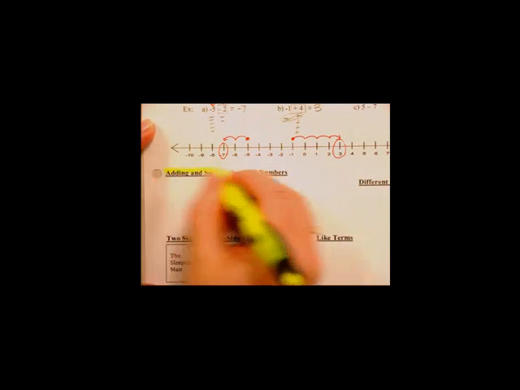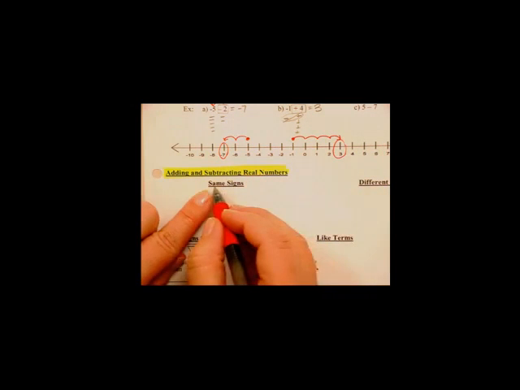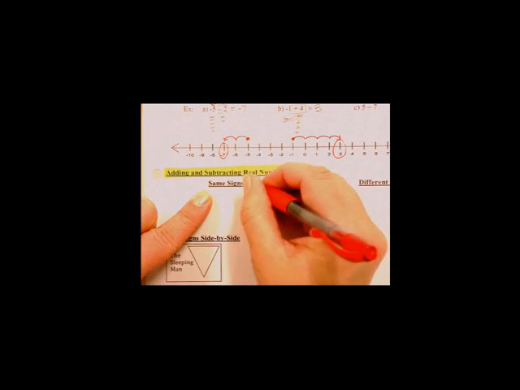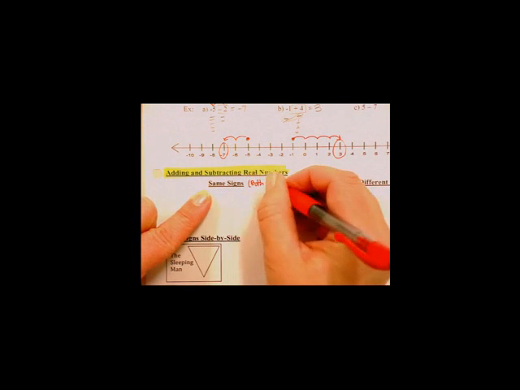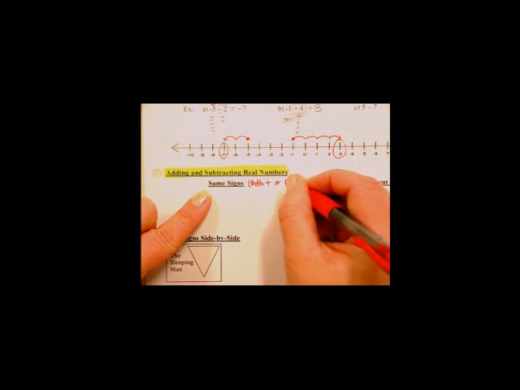Adding and subtracting real numbers. There's a couple generalizations we can make here. We really have two scenarios. Either we have the same signs, where both of your numbers are positive, or both of them are negative.